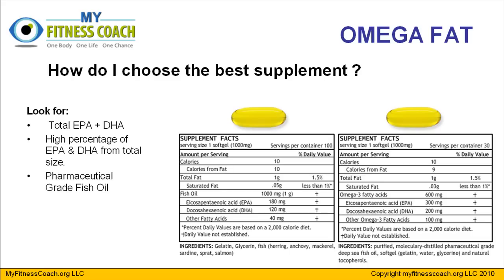Now let's take what I just said a little bit further. Again, 300 milligrams of 1,000 is 30% of EPA plus DHA in this capsule. So basically, this is 30% here, which means that there's another 70% of other stuff here, fillers, such as potential toxins, PCBs, mercury, all that other kind of stuff could be located over here on this side of the capsule, because this supplement is not a very good, highly concentrated source of EPA plus DHA in comparison to this one, which is 50%.